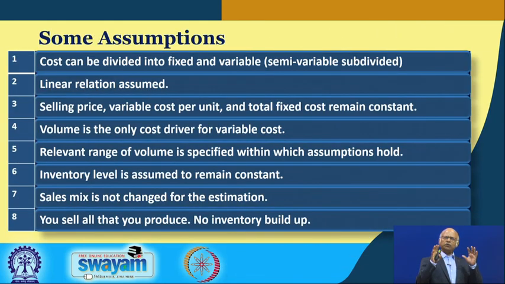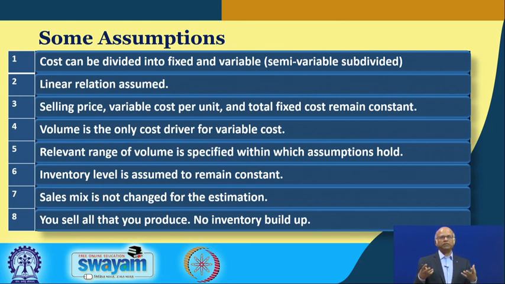Now, about all these estimations, actually there are many assumptions. Like at the beginning I said that there is no inventory build up, meaning whatever you produce you sell in entirety. Similarly, cost can be divided into fixed and variable. In reality, you will find that there are some costs which have a variable component as well as a fixed component.